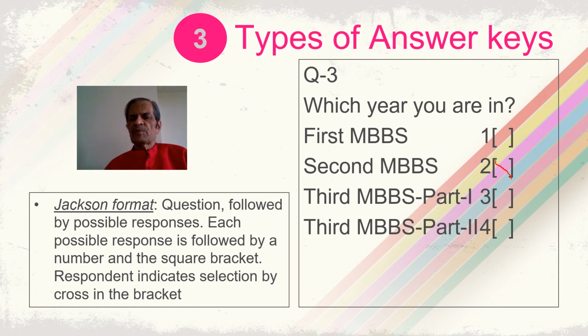So if the person is in second MBBS, he doesn't encircle the code, but places the cross in the bracket placed against the selected option. That is the Jackson's format, in which the question is followed by the options, and each option is followed by the code and the bracket.